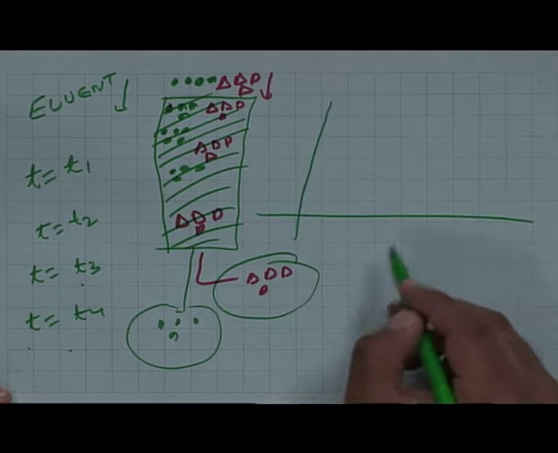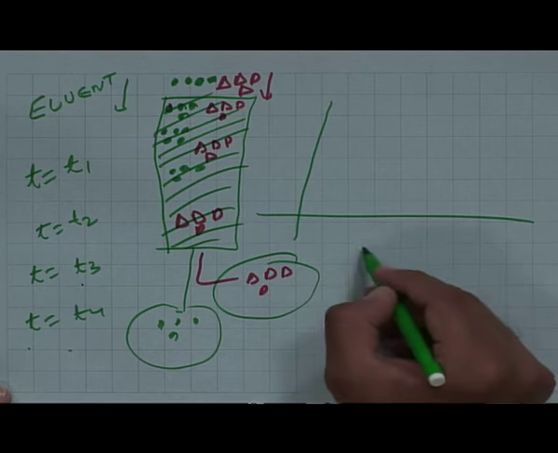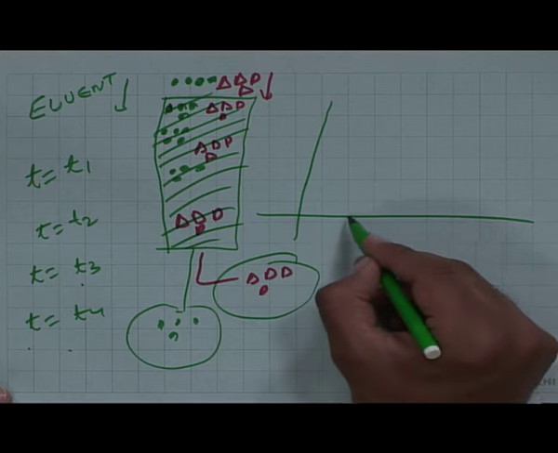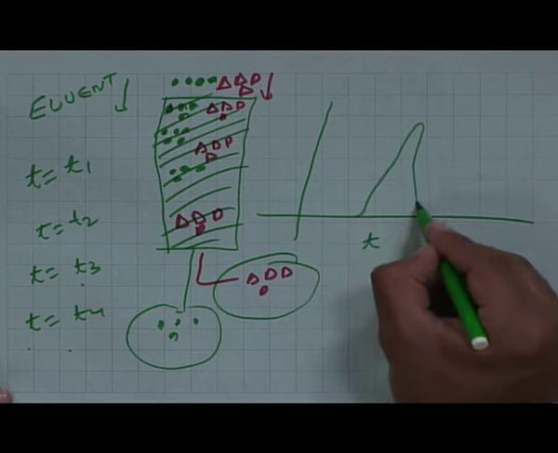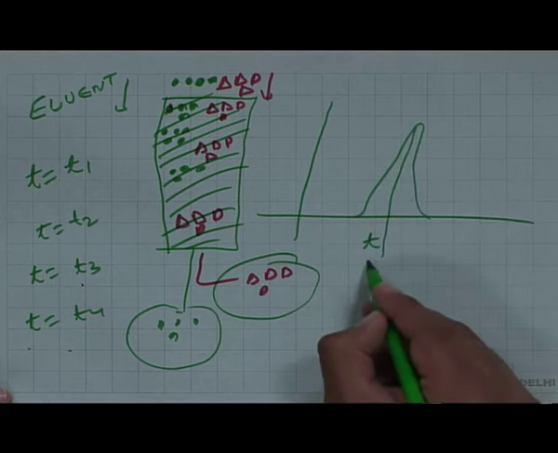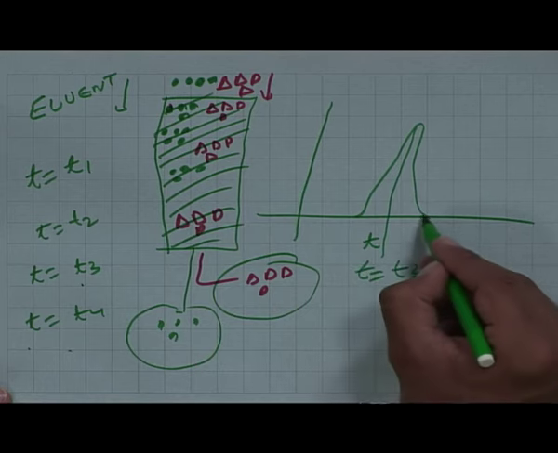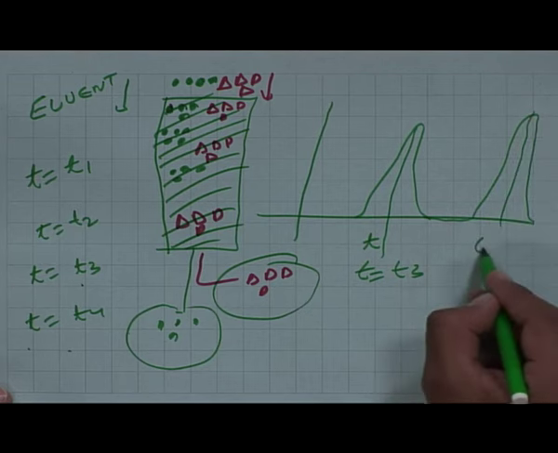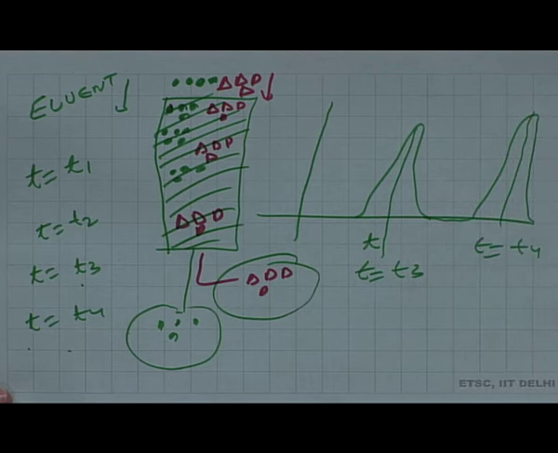If you can measure the concentration, and this is time, okay. So, you have injected, and this is your time t is equal to T3, and then this is your time t is equal to T4. Okay.